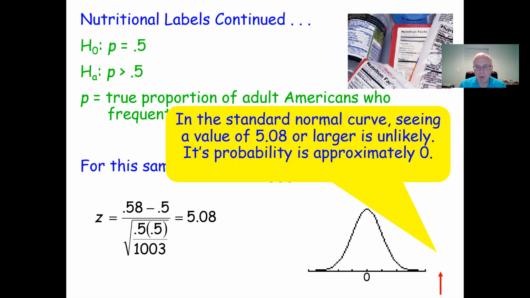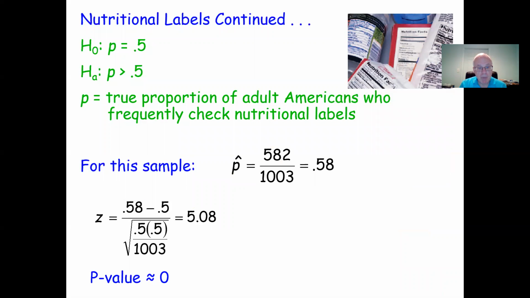And remember, a standard normal curve has a mean of 0. So if we're getting a z-score of 5.08, it's way out here. Highly unlikely we would get something way out there. But anyway, what we're going to do is actually calculate the p-value.